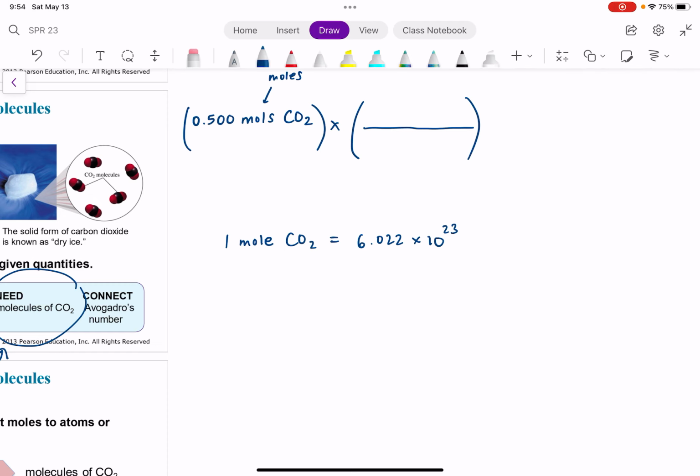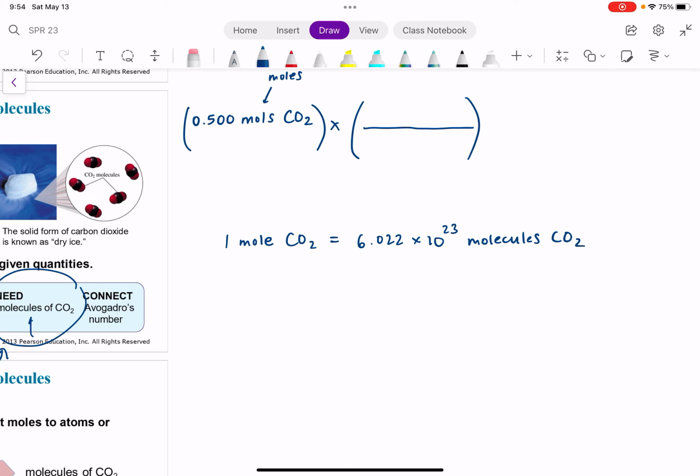So if I have a mole of CO2 and I'm looking for molecules of CO2, then I'm going to put molecules here, right? Because 1 mole of CO2 is that many molecules of CO2. It's our unit. It's just like a dozen. A dozen of anything is 12 of that thing. Okay, so this is legal. It's perfectly legal. I know it seems weird.